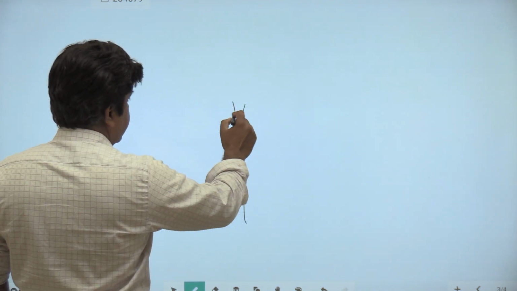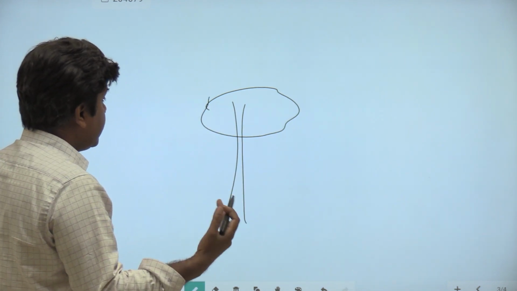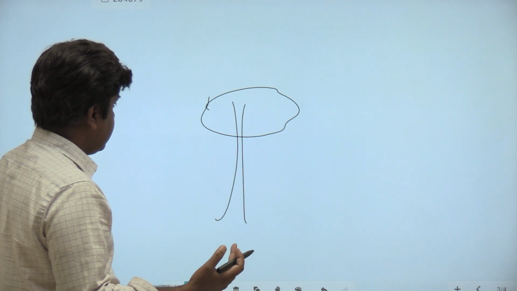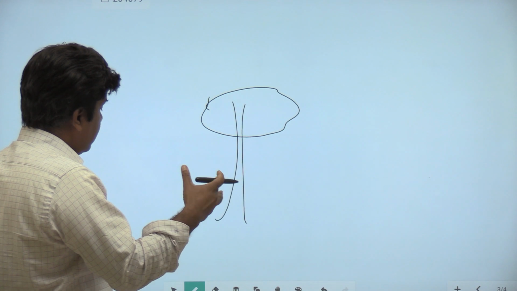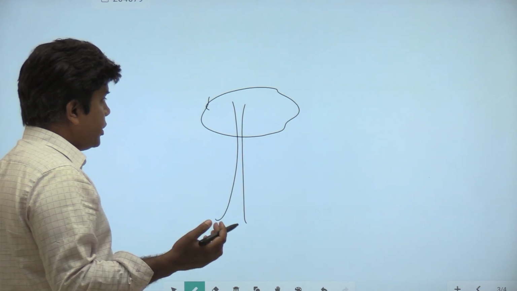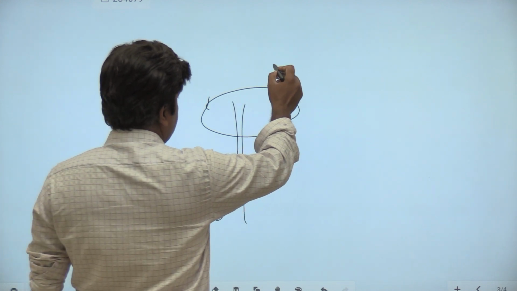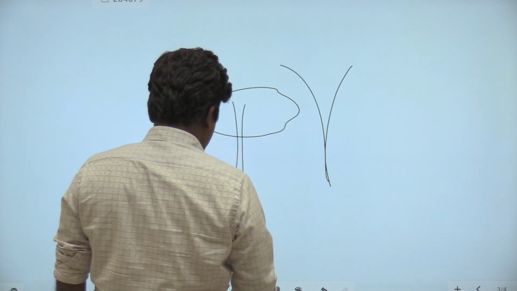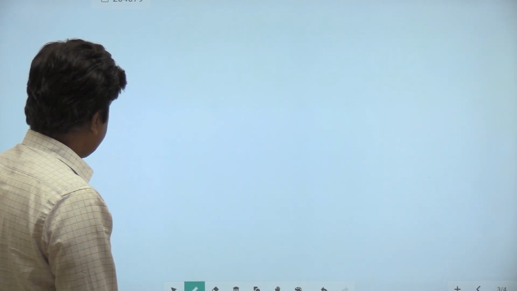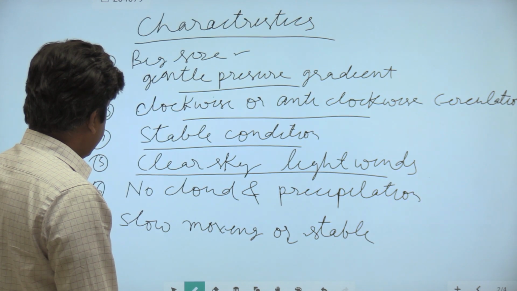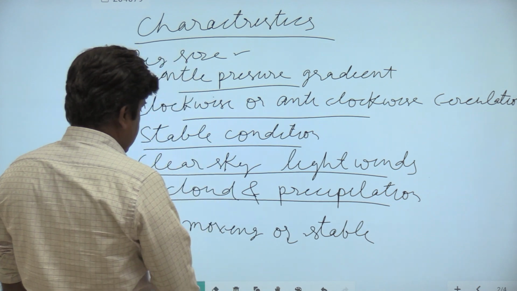When air rises, it expands, and its relative humidity increases because of adiabatic cooling, and the cloud is formed. If the air is subsiding, there is no way a cloud can be formed. So there will be no cloud and no precipitation in an anticyclonic condition.